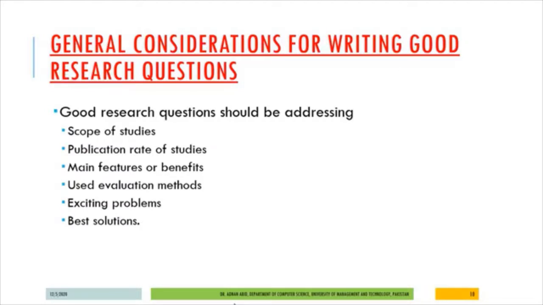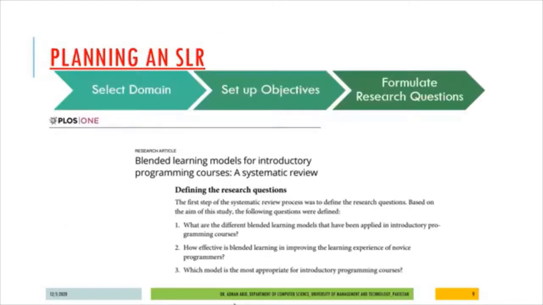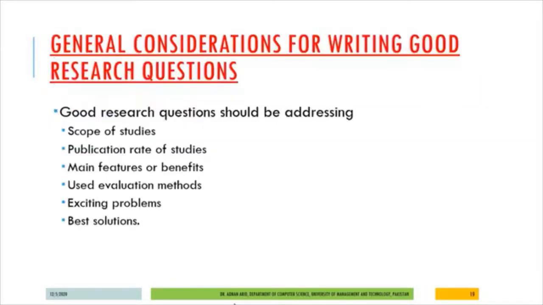So let me give you some good general guidelines about writing good research questions with reasonable objectives and motivations. They should be addressing the scope of the studies. Like here we have only blended learning approaches which are targeting introductory programming courses only. So this is the scope.